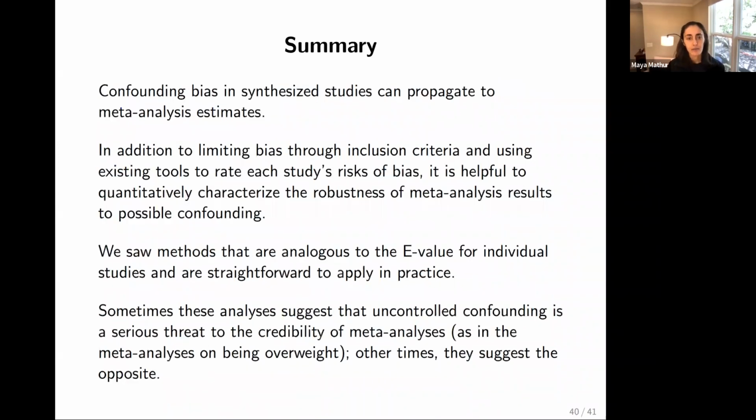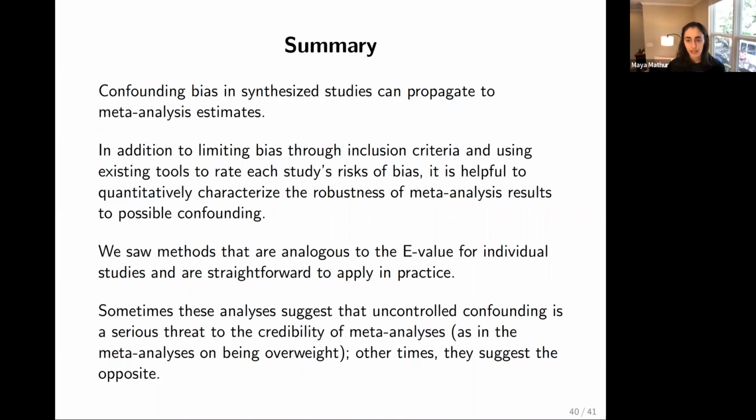So in summary, confounding bias, as well as other within-study biases in the synthesized studies, can propagate to meta-analysis estimates. In addition to trying to limit bias through carefully chosen inclusion criteria and applying existing rating tools to characterize individual studies, I think it's also helpful to more holistically characterize the robustness of the overall meta-analysis results to possible confounding.